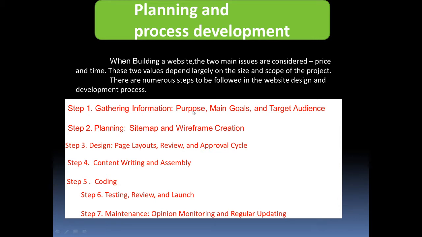Purpose means for what purpose the website should be created, then its main goal, then how to attract the audience. According to these three points of view, we can collect information. That's the first step, to gather information.